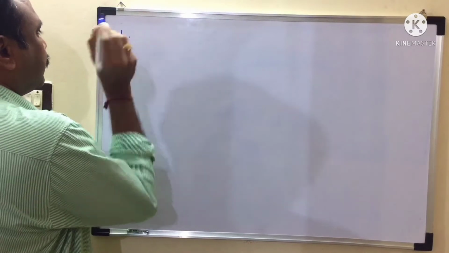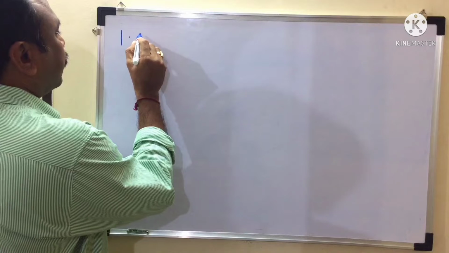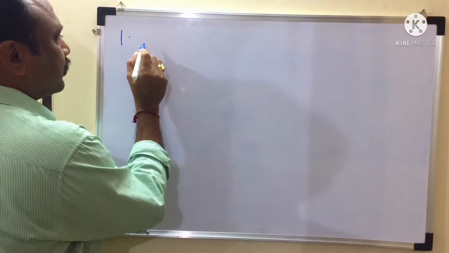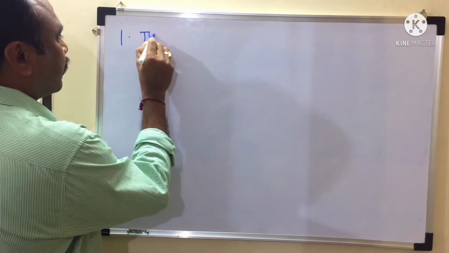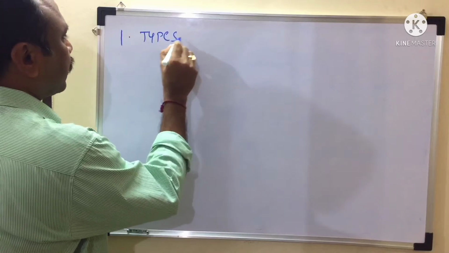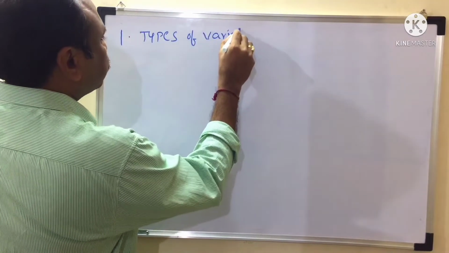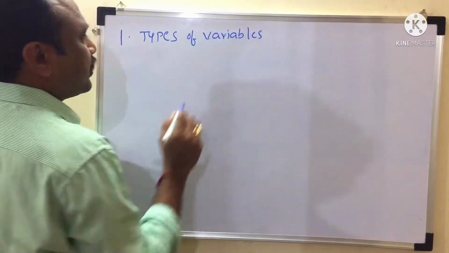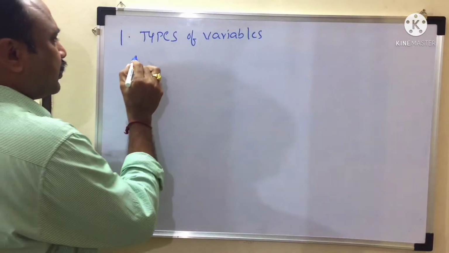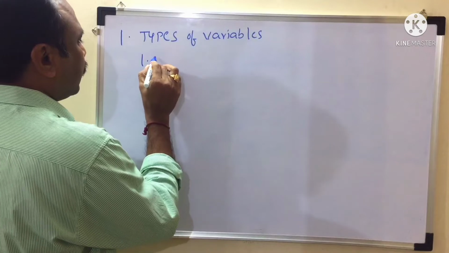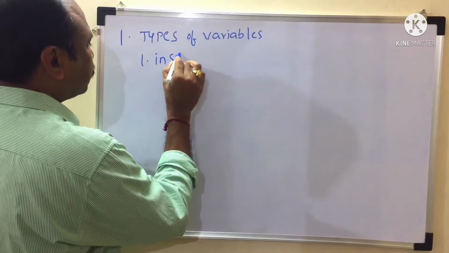The first question is: what are the different types of variables in Java? Java supports three types of variables. Number one, instance variables.